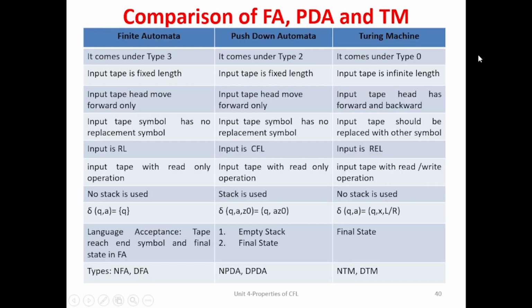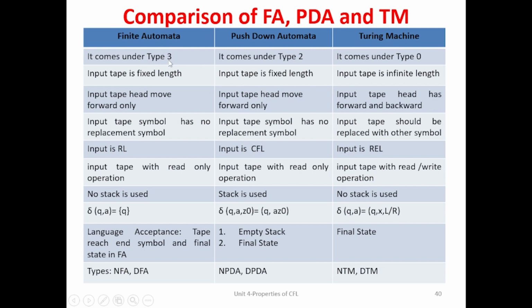And I give an overview or a comparison of the three basic models. One is finite automata, another one is pushdown automata, and the third one is Turing machine. Finite automata can be implemented by using a regular expression or a regular grammar. So regular expression and regular grammar come under type 3 grammar.